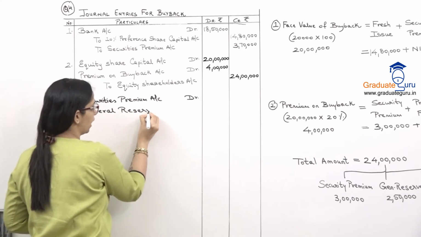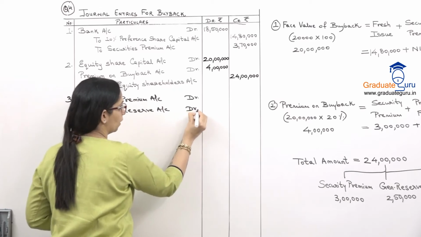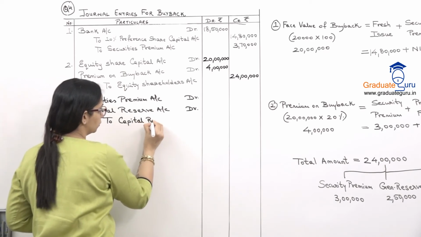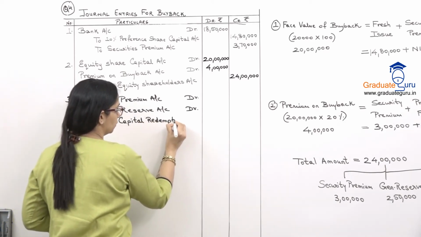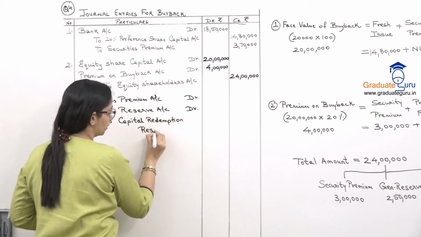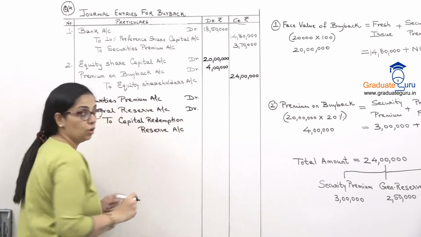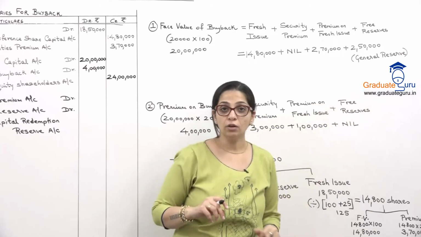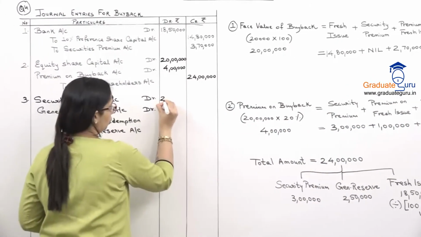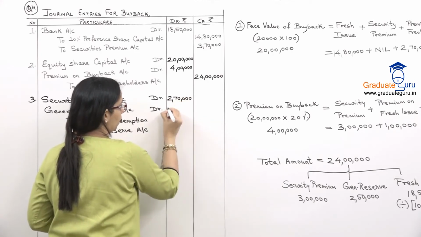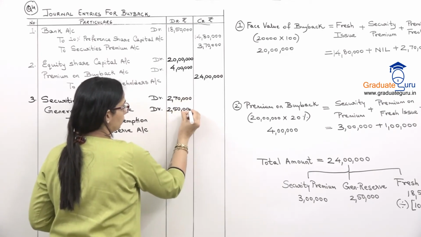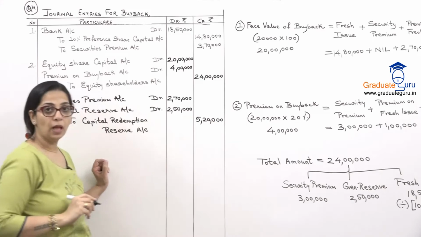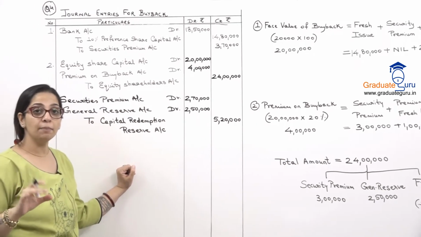These are the two reserves we are using. To capital redemption reserve. Capital redemption reserve account. What will be the amounts? 2,70,000 and 2,50,000. So 2,70,000 in my premium, 2,50,000. The total is 5,20,000.